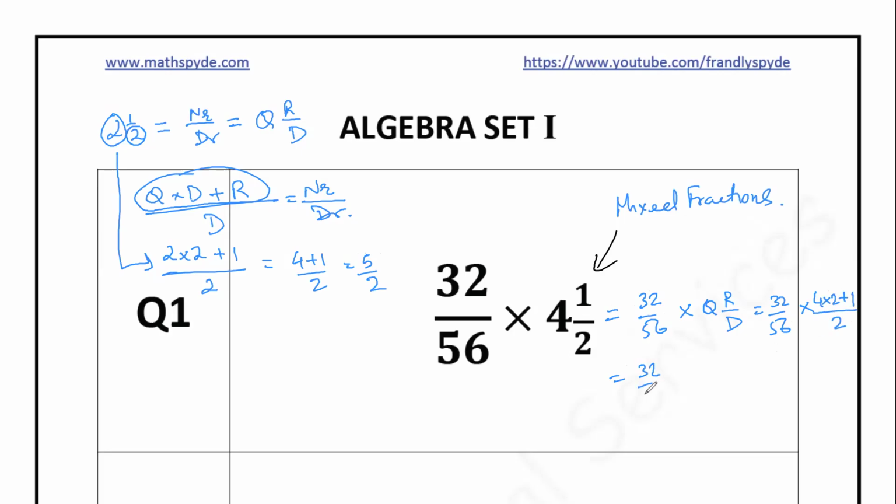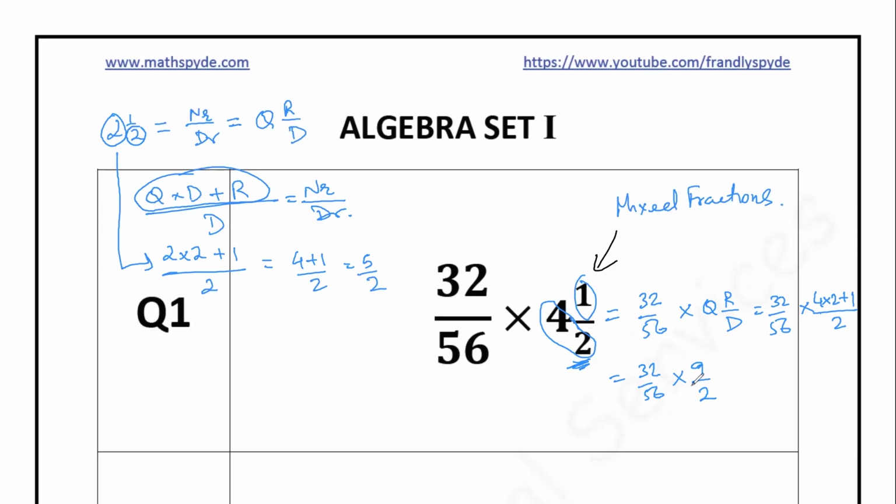So you get 32 upon 56 into 4 into 2, 8 plus 1, 9 upon 2. So just remember, you multiply these two, 4 into 2, add this one, and then divide it by 2.